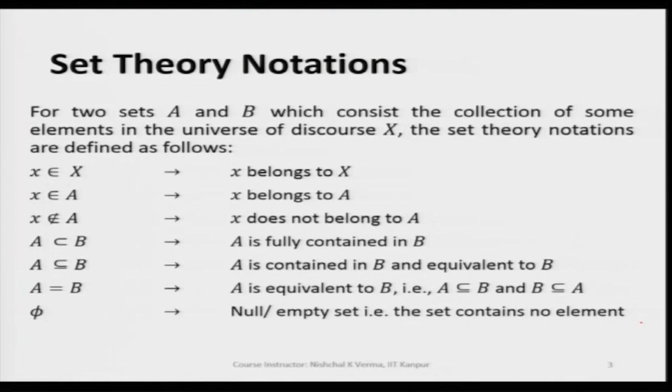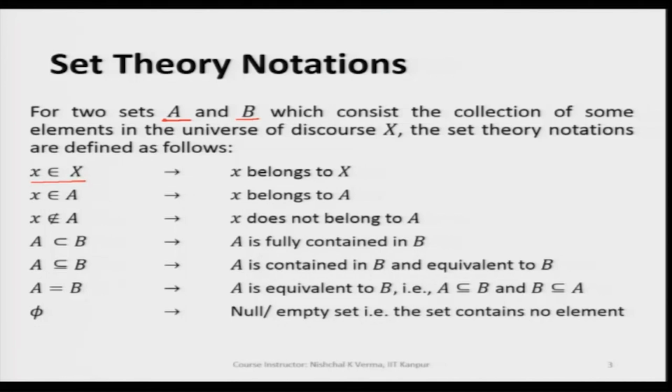If we have two sets A and B, which consist of a collection of some elements in the universe of discourse capital X, the set theory notations are as follows. Here, x belongs to capital X.